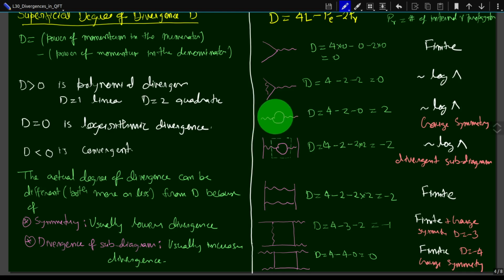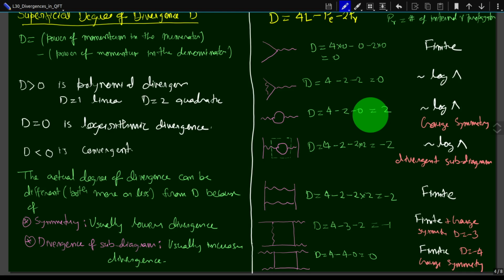Now let's look at this diagram where two photons are external legs and there is a one loop diagram. Here D will be 4 minus 2, because of the two fermion propagators, and there is no internal photon, so 4 minus 2 is just 2. This should be a quadratically divergent diagram, as we saw on the first slide. But in reality it turns out to be D equal to 0, which is logarithmically divergent, and that is because of gauge symmetry.